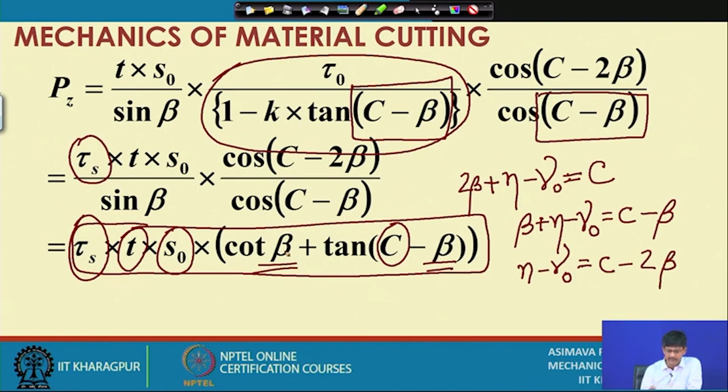So, all the terms being known, we can find out the value of Pz. If Pz is known, we can find the value of Pxy, and also we can find out the other values like friction force F, normal force Fn, etc. Everything can be known.